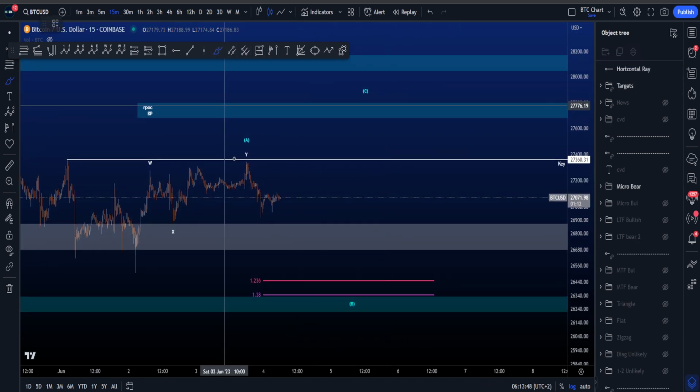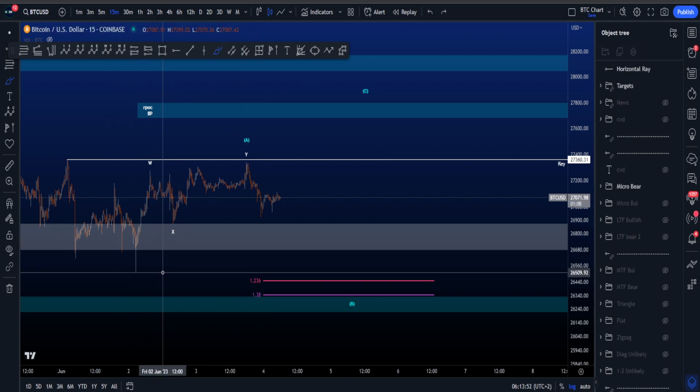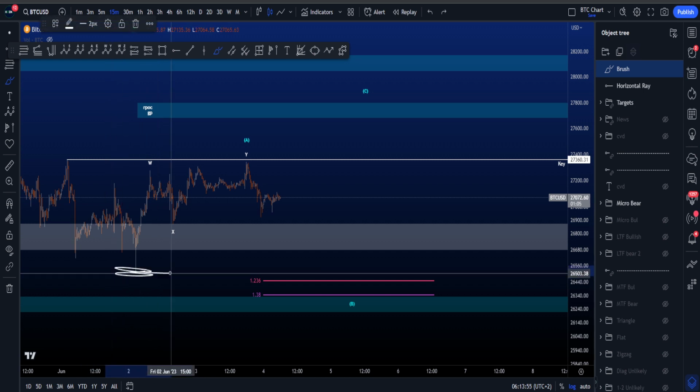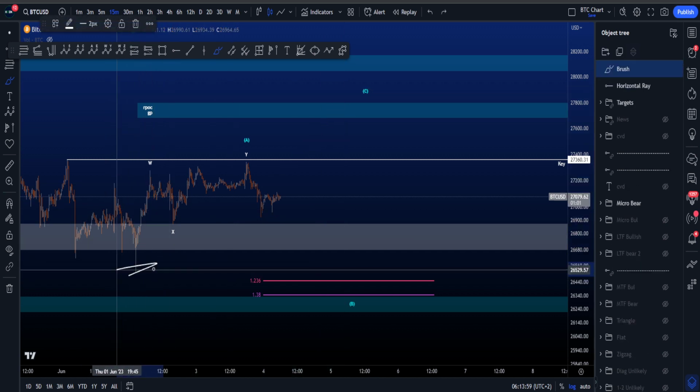The reason this is the more bearish scenario is because you're going to be taking this low over here, and in the other scenario you expect more upside without taking this low.